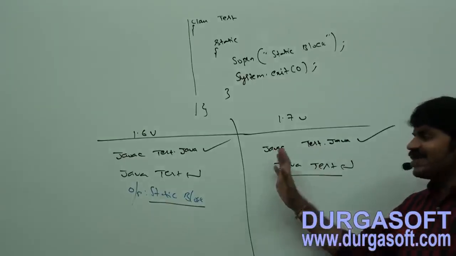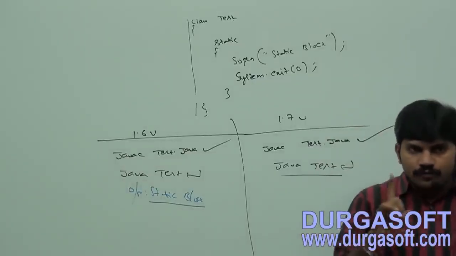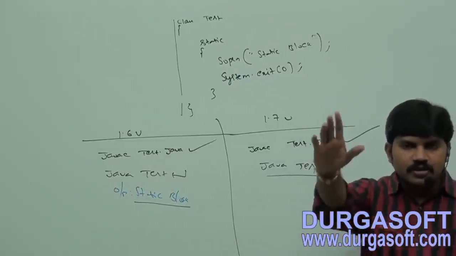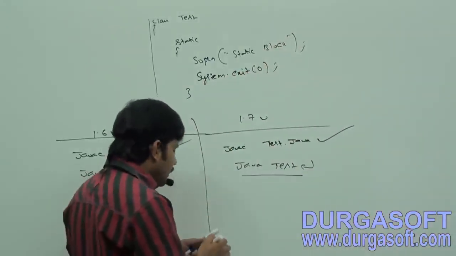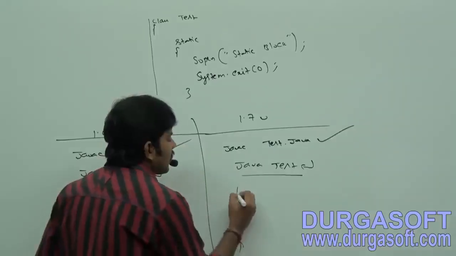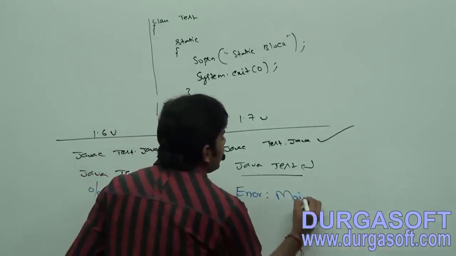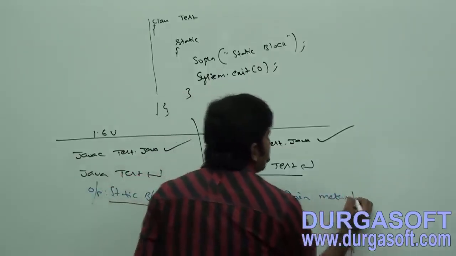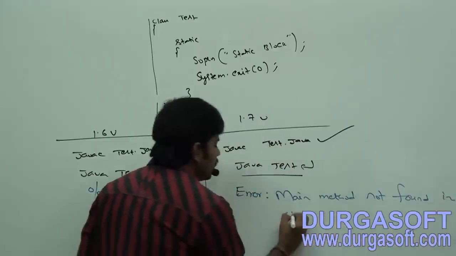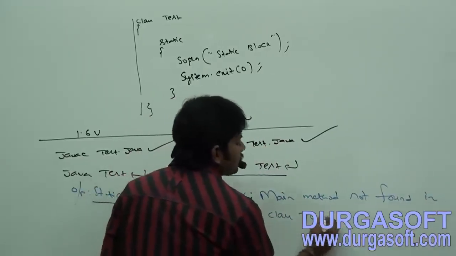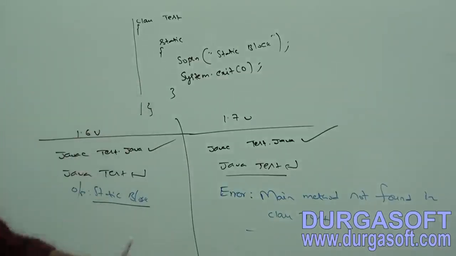If it doesn't contain the main method, sorry, I can't start my execution. Immediately the JVM is going to raise an error: main method not found in class Test.